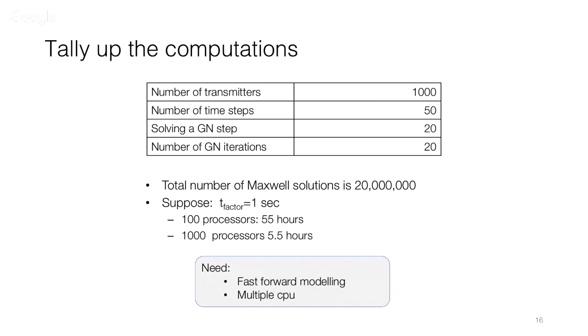And remember, the Maxwell equation was actually pretty big, right? So you have to do that, let's say 20 million times. Even if you can factor that matrix in the order of a second, and you had 100 processors, it's still a very long time. And again, with 1,000 processors, it's 5.5 days.